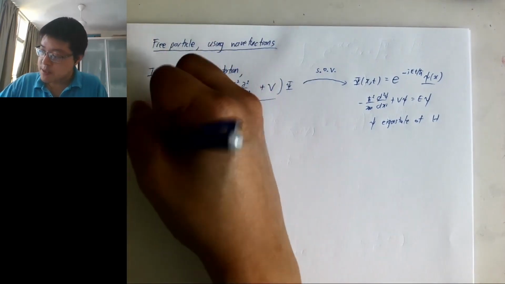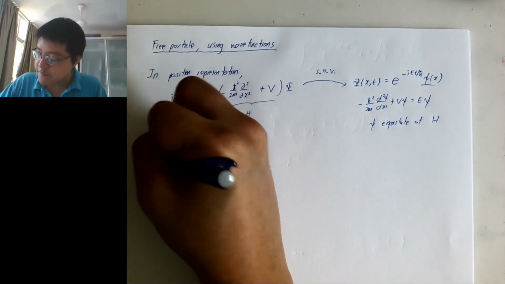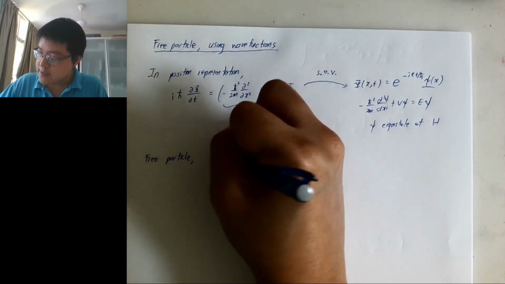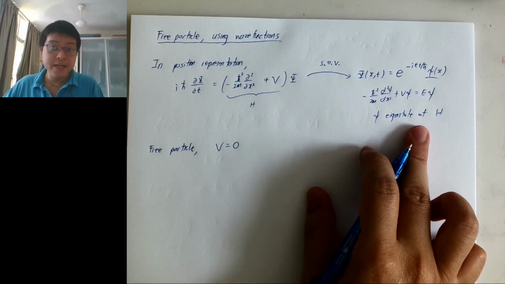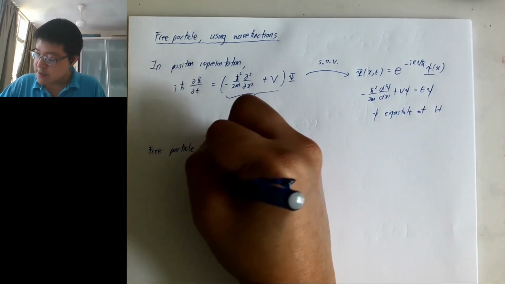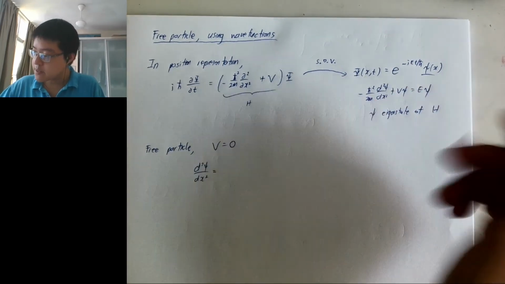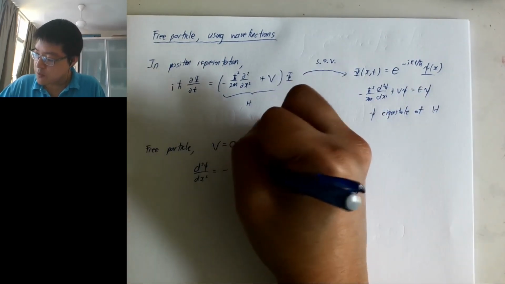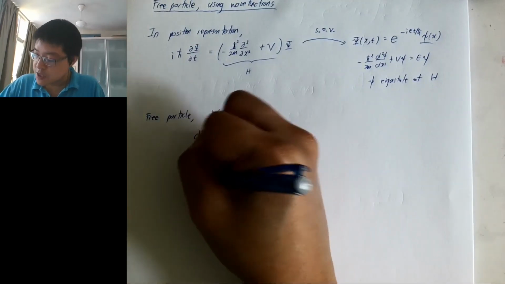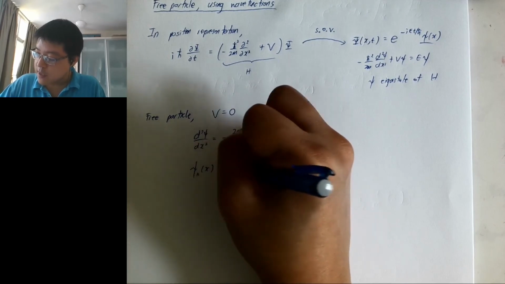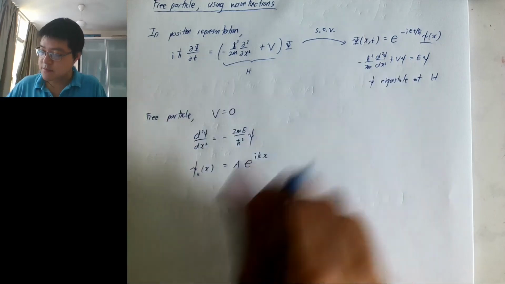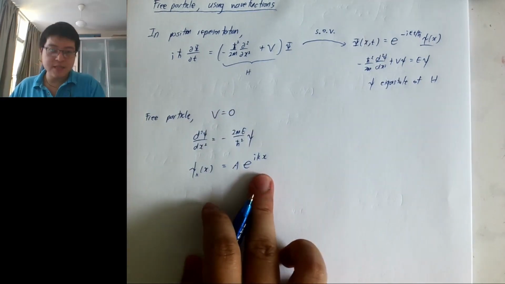But what we did in chapter 3 was an example of a free particle. So free particle is V equals 0. If I want to find the eigenstates of this situation, I end up with this differential equation. I bring this over and it becomes 2mE over h bar squared times psi. My solution was a constant times e to the power of ikx. There's a negative also, but it's just another k.